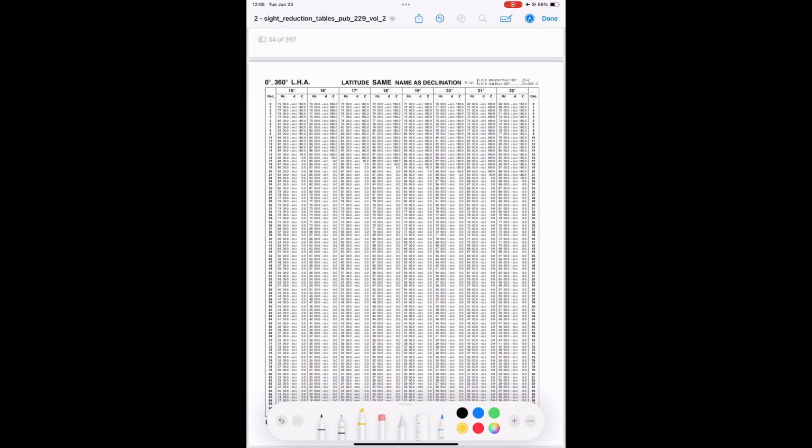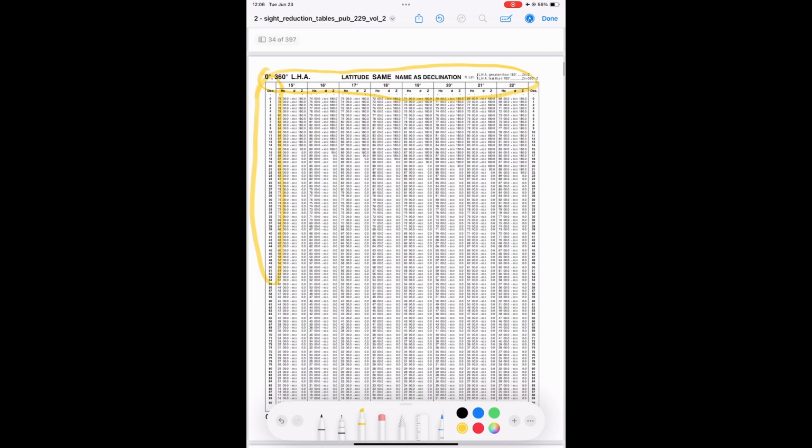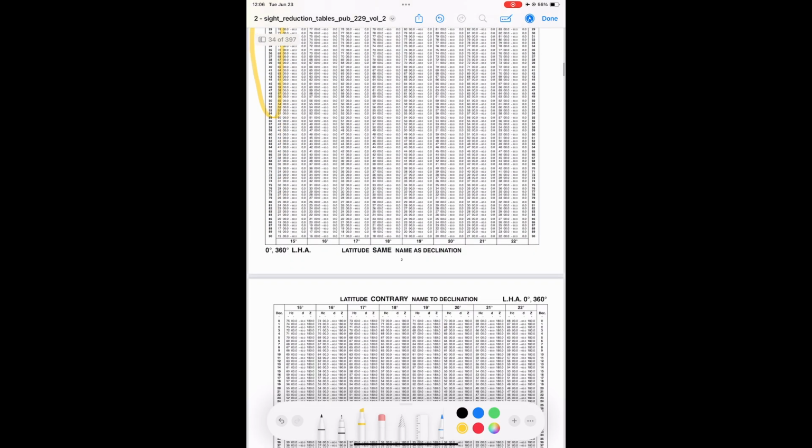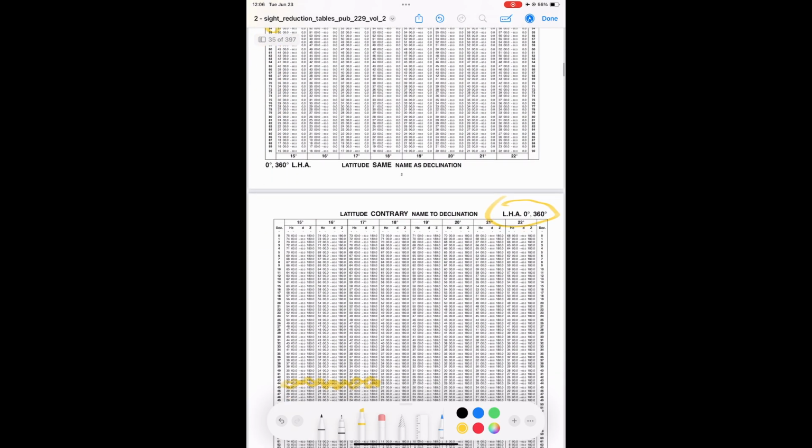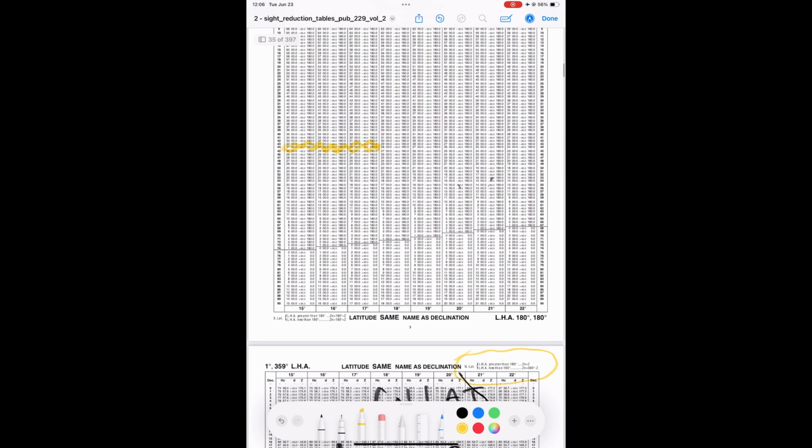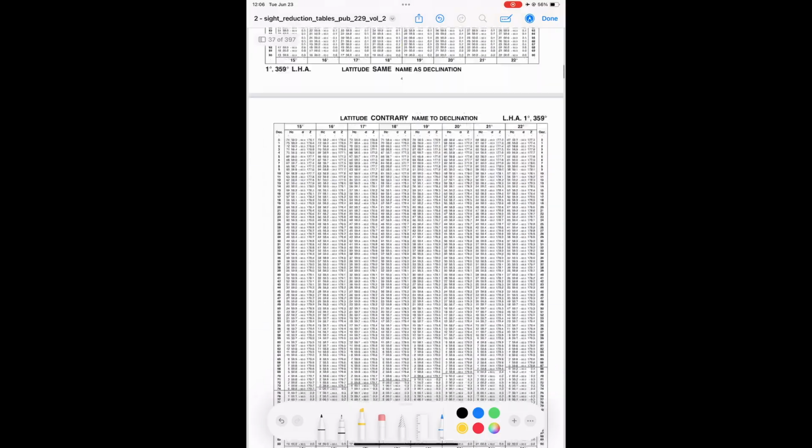The first half of this book is going to be 15 degrees to 22 degrees latitude. This is your latitude. This is your declination. And your LHA will either be in the corner right here or at the bottom, something like this. So you're going to pay attention to these right here. All right. So let's scroll.